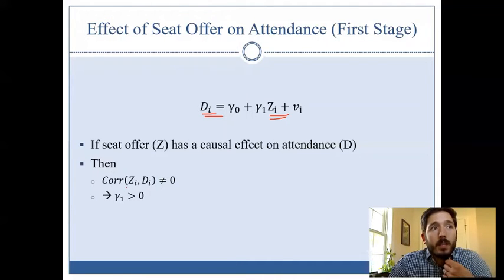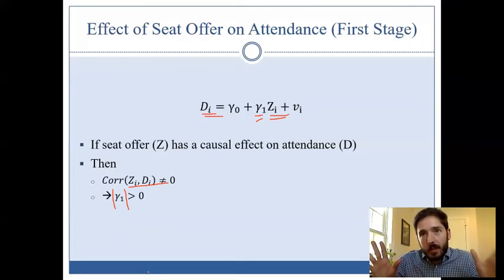So if seat offer Z has a causal effect on attendance, then the correlation between Z_i and D_i is not equal to 0, right? This gamma 1 doesn't necessarily need to be greater than 0, but the magnitude is going to be greater than 0. There's no 0 effect.